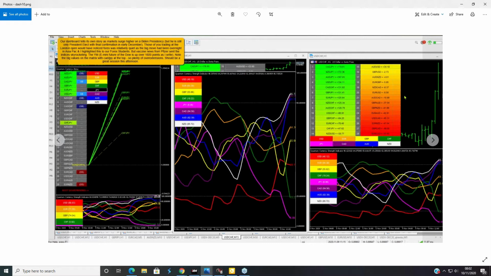It tells you immediately the strength of the flows into the different pairs. We also have the array over here, which measures the strength of the trend as well. But the matrix gives us a ranking as well, taking the value from the CSI. You use these indicators in combination.